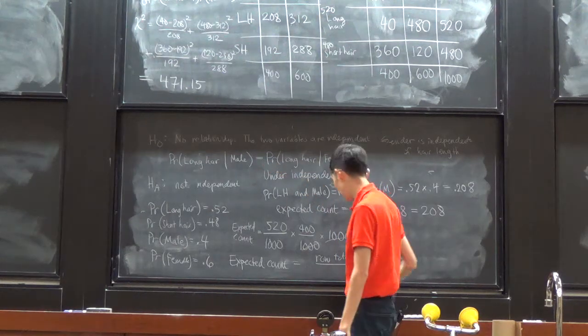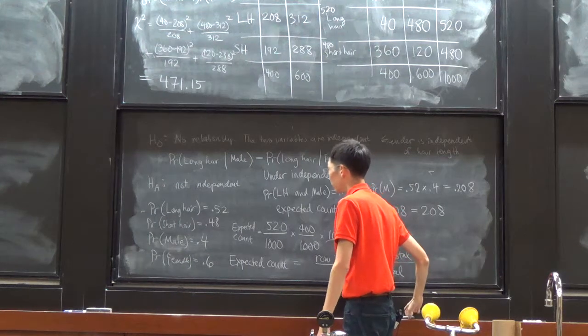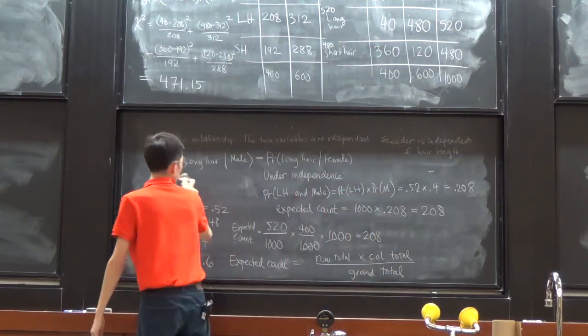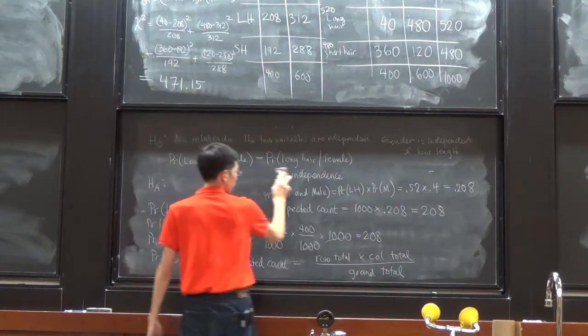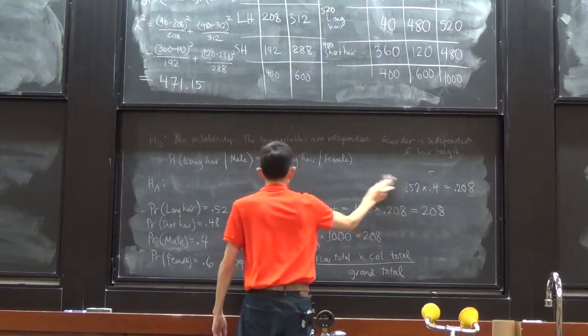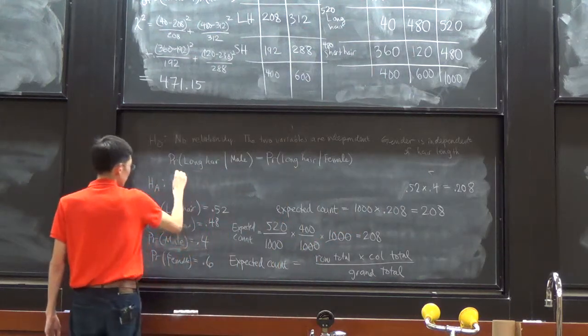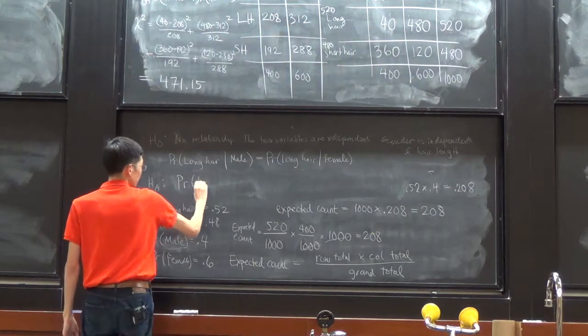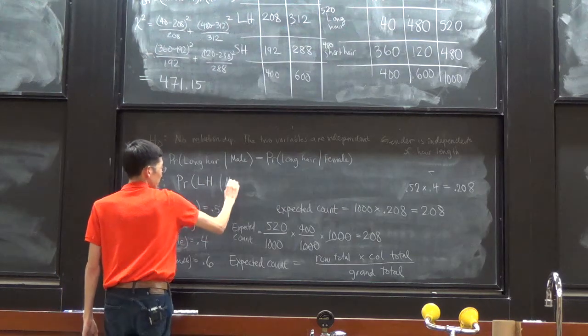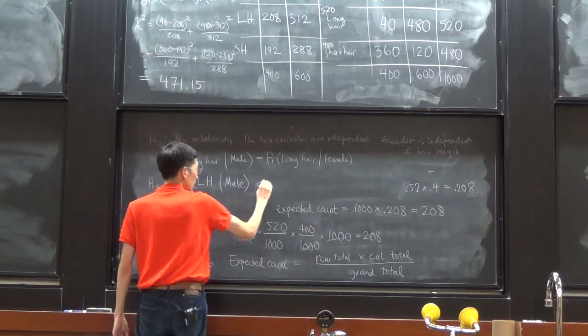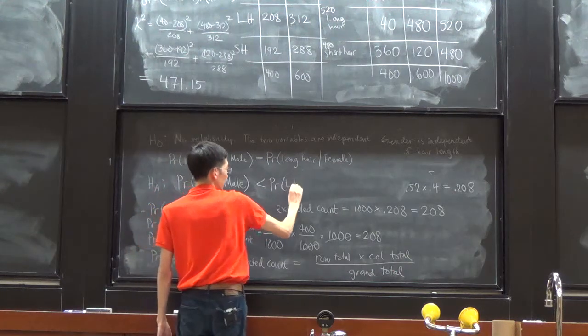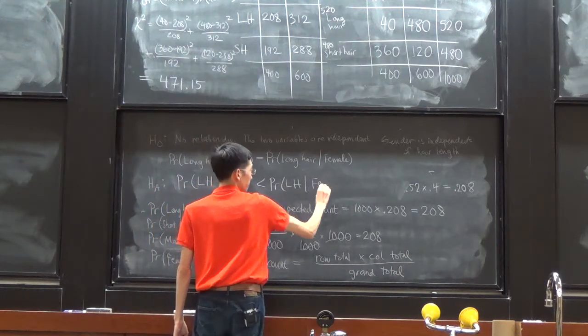Okay, so if the alternative is, is it okay if I erase this right here? Oh, I already did. The alternative would be probability of long hair given male is less than the probability of having long hair given female.